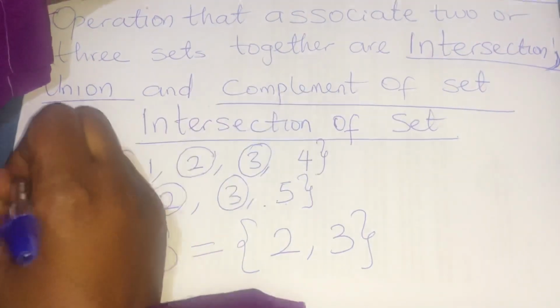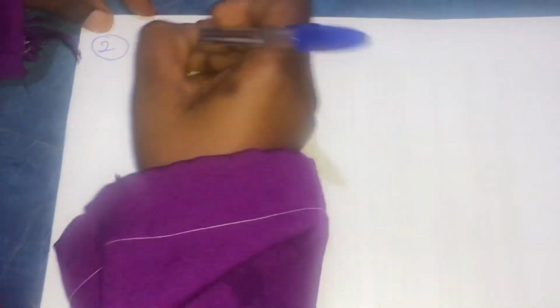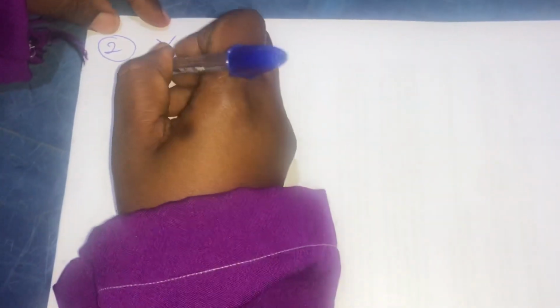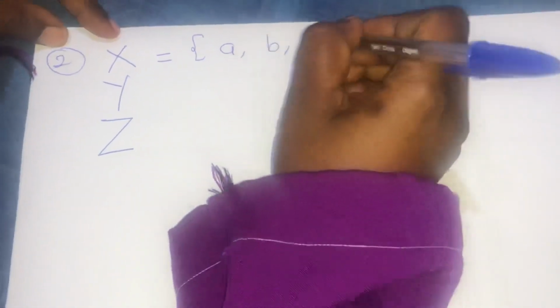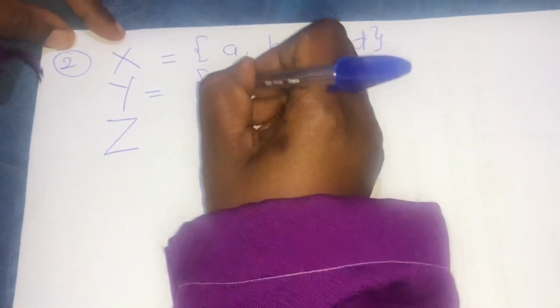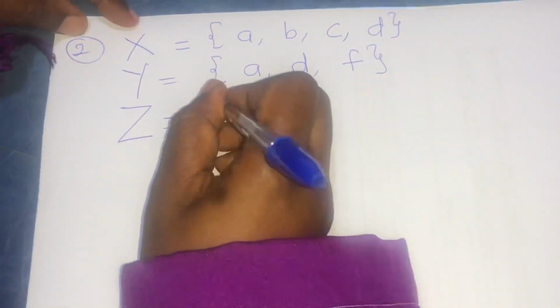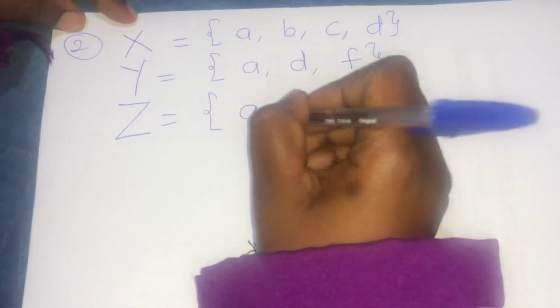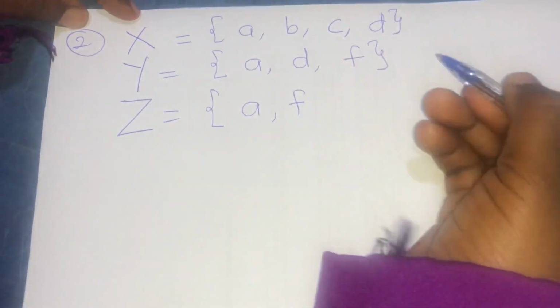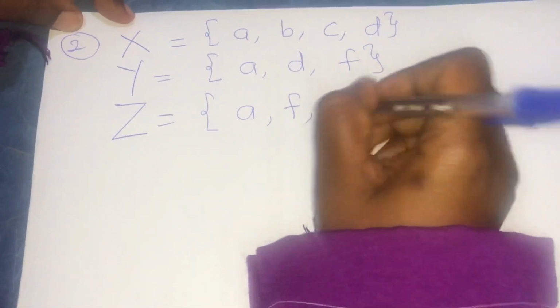Let me call this one example 1. Another example, example 2. Let's say I have X, Y and Z. Let X be equal to {A, B, C, D}, and Y is equal to {A, D, F}, and Z is equal to {A, F, G}.